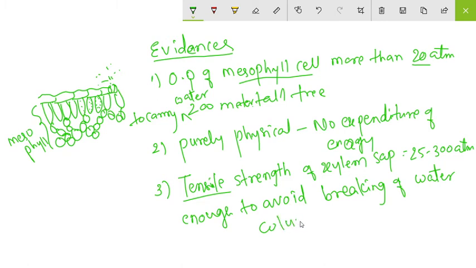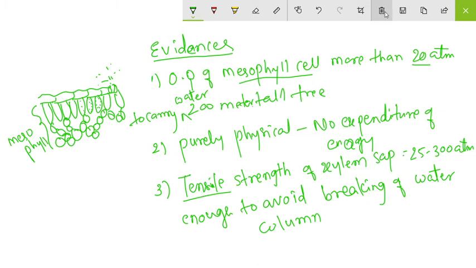Due to this high tensile strength, there is no breaking of water column, and water moves as a continuous water column. So it is the third evidence.